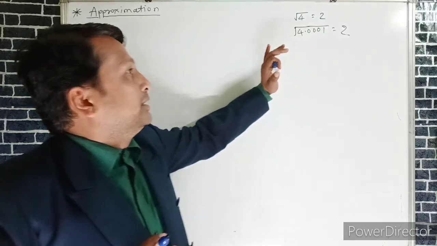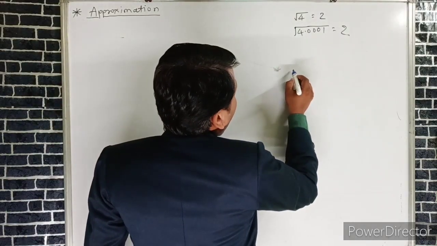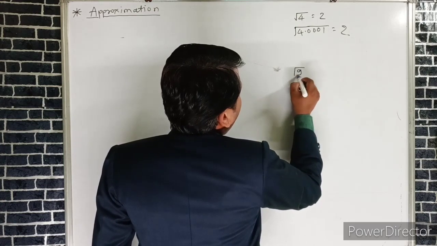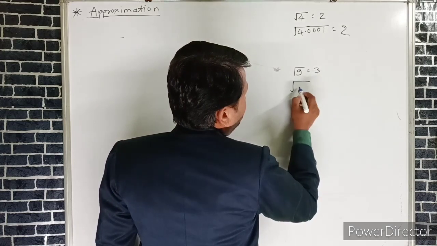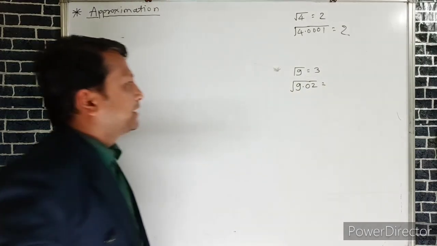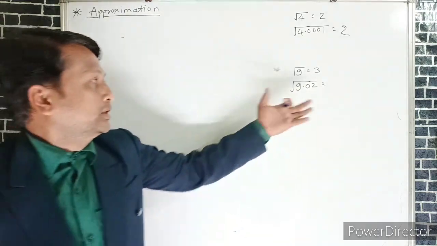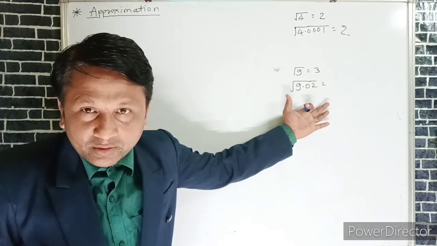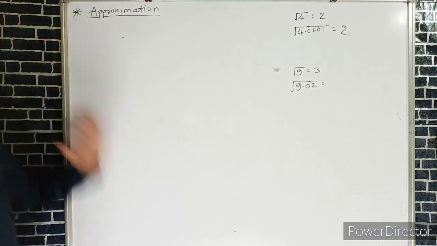So it is clear that we know under root 9 is equal to 3, but we don't know under root of 9.02. If we have to find the value of under root 9.02, then we can use the rules of approximation. Then what is approximation?